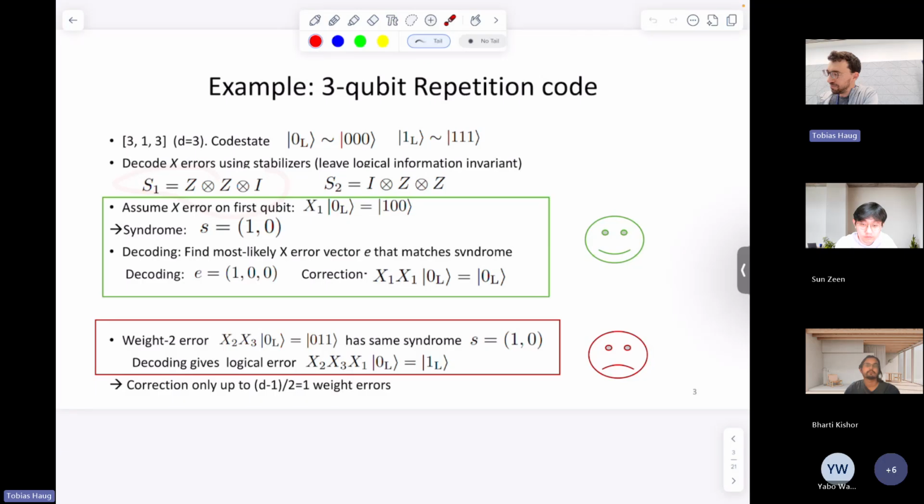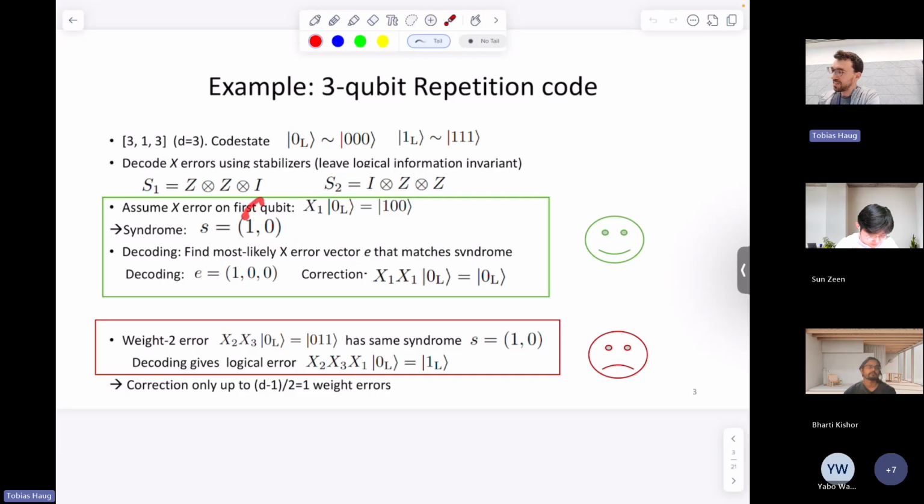Last time we learned, for example, that if an X error happened on the first qubit, your initial state, the 000 state representing logical 0, is transformed into 100. It's not a code word anymore. Using syndrome measurements, which are parity checks, the syndrome you measure will tell you something has happened.